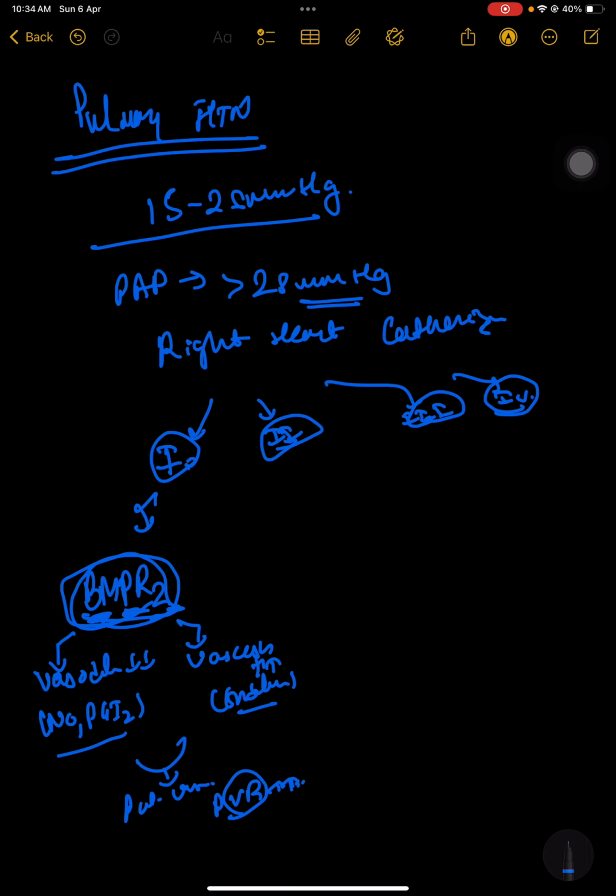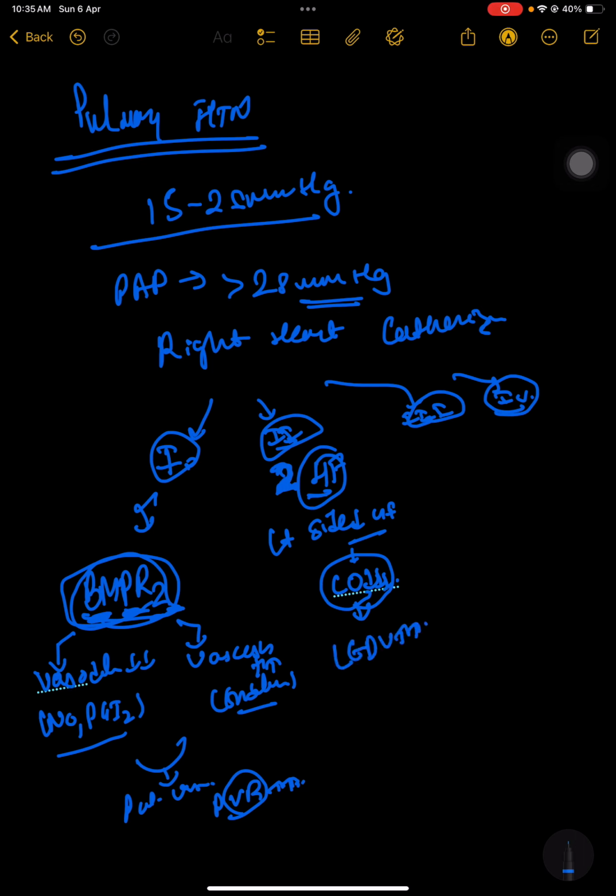In type 2 PAH, remember, in 2, a two-lettered word, heart failure. So first of all, it's BMPR2 for type 1, and second one is heart failure. So what happens in heart failure? If there is left-sided heart failure, the cardiac output will decrease. If the cardiac output decreases, the left end diastolic volume will increase, right?